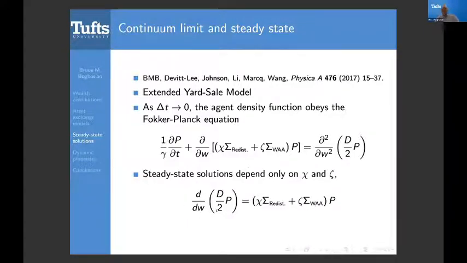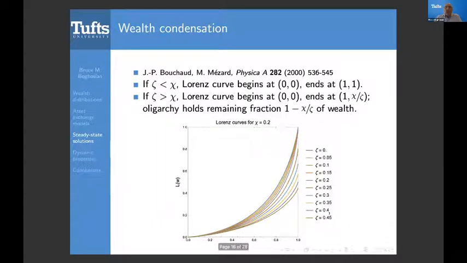This is harder to solve than it looks because the drift and diffusion coefficients are both functionals of the unknown distribution P. And therefore, this is a quadratically nonlinear and non-local differential equation, but we've learned how to solve it numerically, and it's much more efficient than doing Monte Carlo simulations.